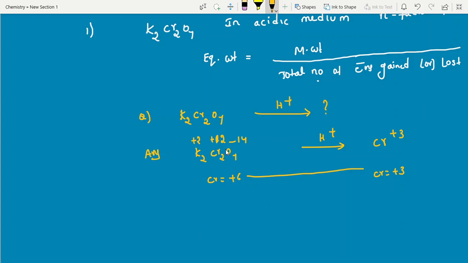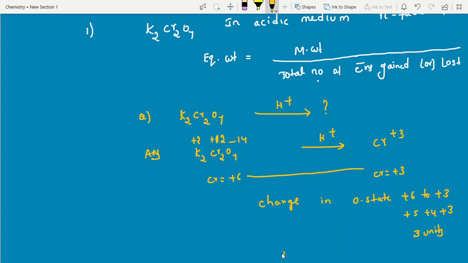Okay, this is the change in oxidation state. So you can write the point here. Starting time it can be a little confusing. You can see the change in oxidation state, plus 6 to plus 3. If you are confused, you can write plus 5, plus 4, plus 3. How many units, students? 3 units.